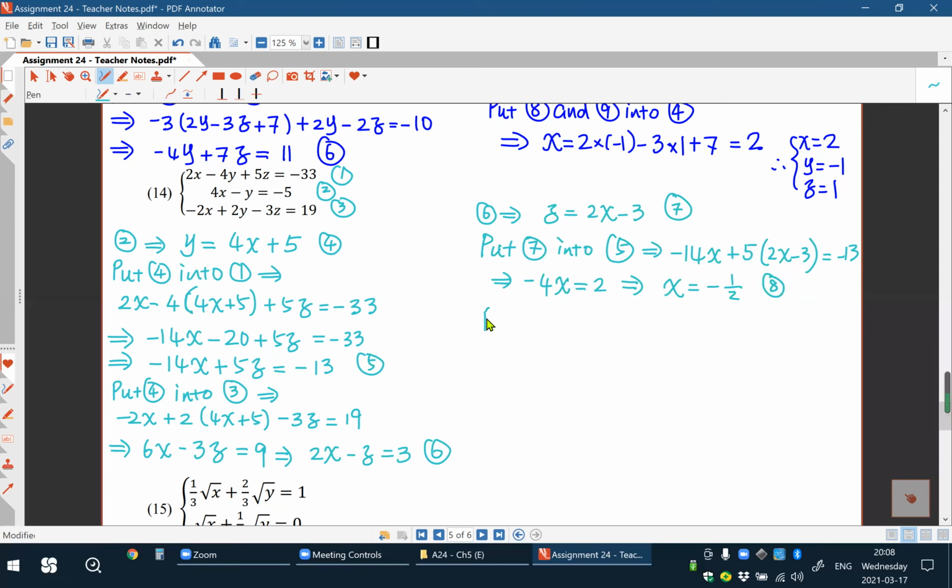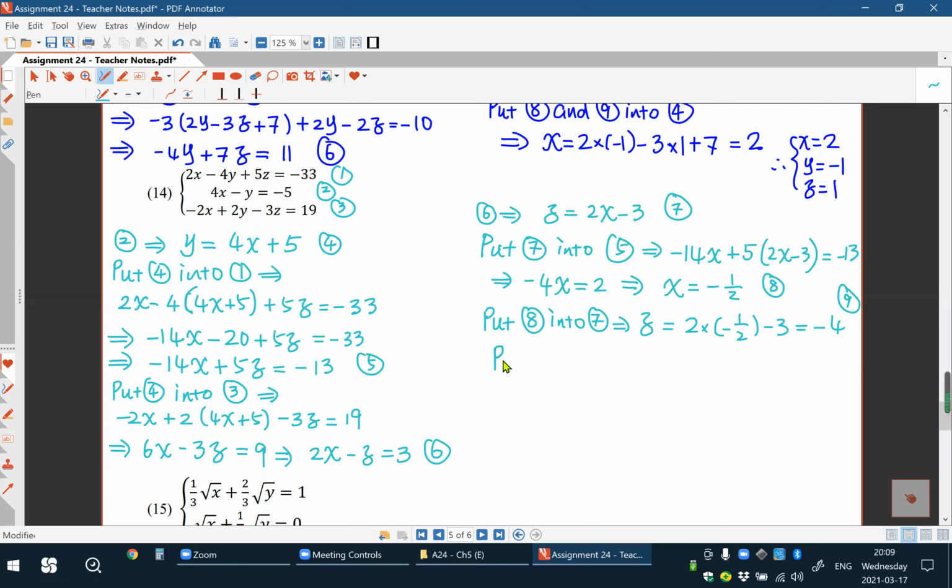Okay, and then you can put 8 back into 7, where you can solve that z is twice of x, means twice of minus 1/2, minus 3, which is minus 4. Okay, and then let's label this with 9.